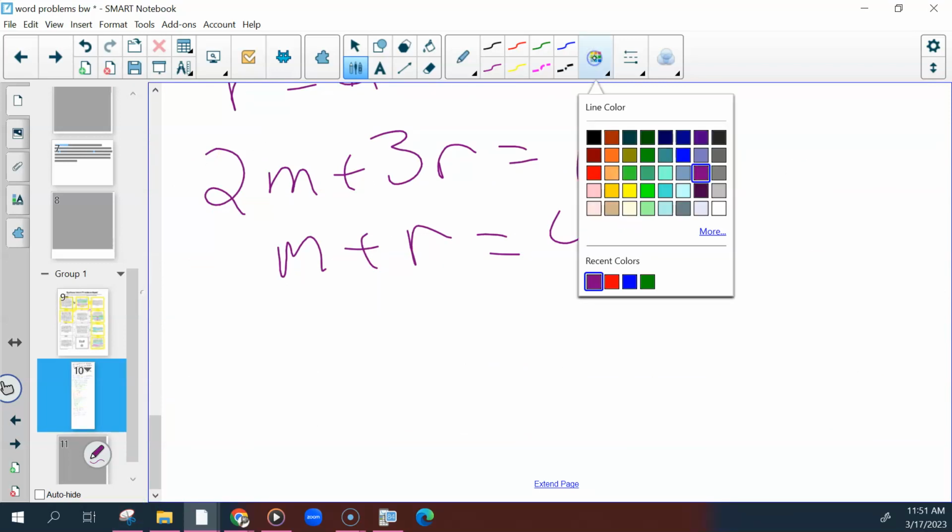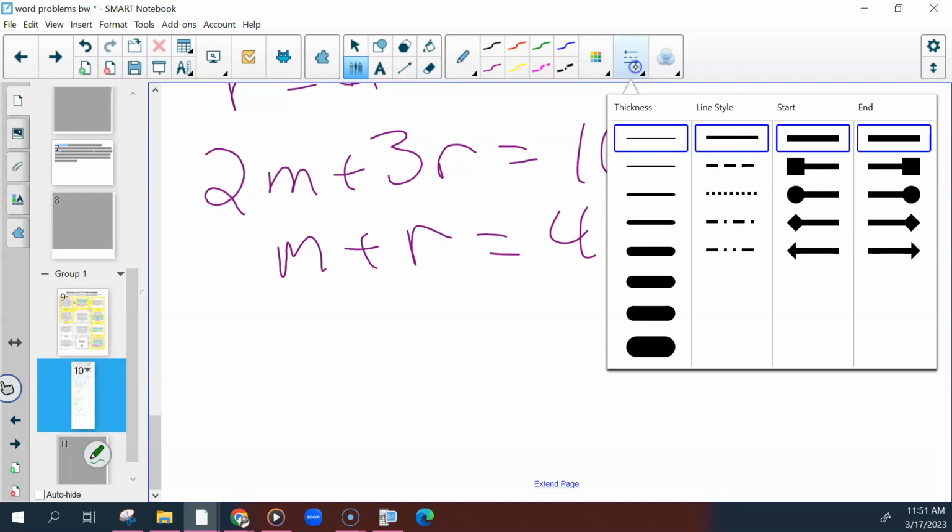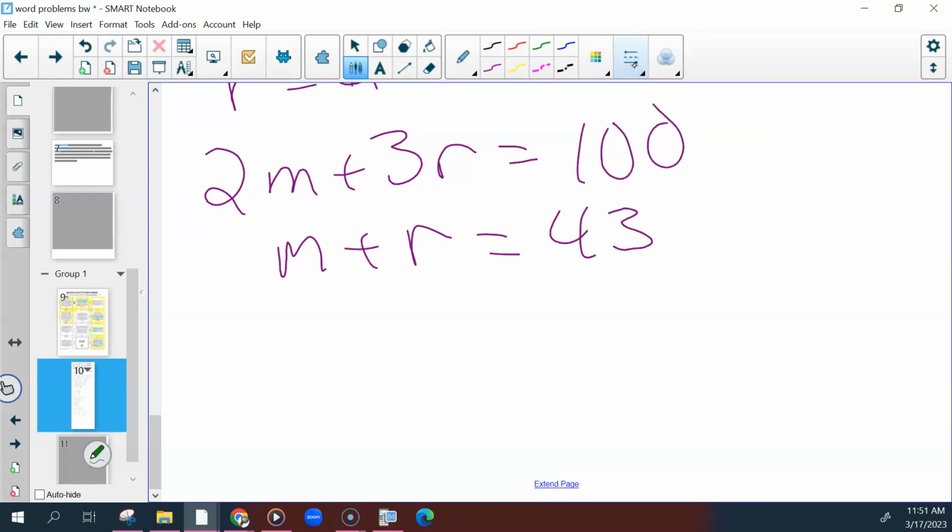Do graphing. So I'm going to call this x and this y and put those in and see where they intersect.